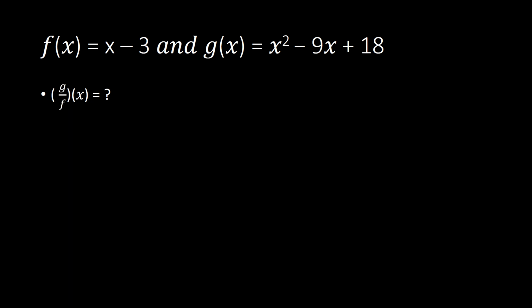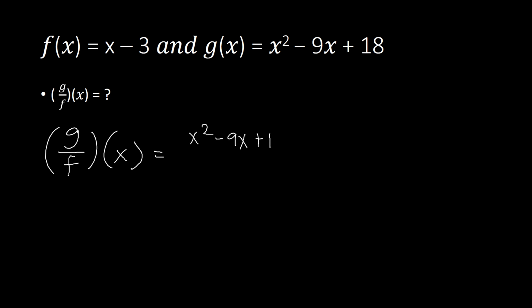So next, let's go for dividing. So we are dividing g over f of x. We start with g of x, x squared minus 9x plus 18. Then we divide that by x minus 3. Since your numerator is a trinomial, we need to consider the positive 18, or the constant, in looking for factors.